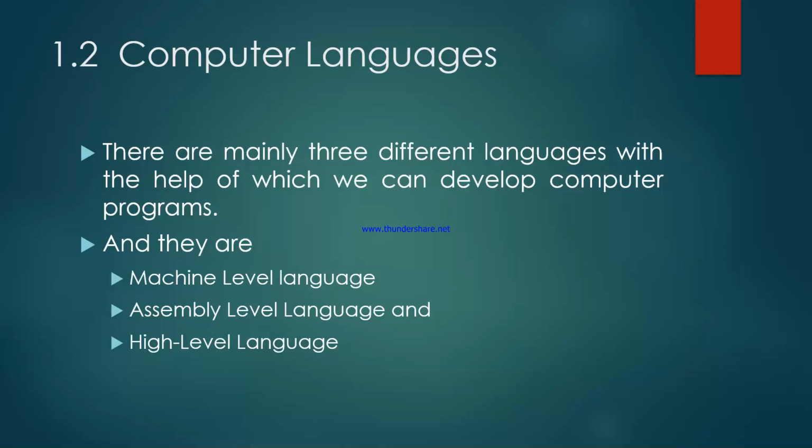So computer language can be classified into three areas. First is machine level language, second is assembly level language, and high level language is the third level of computer languages. We will discuss each and every level briefly in the next slides.